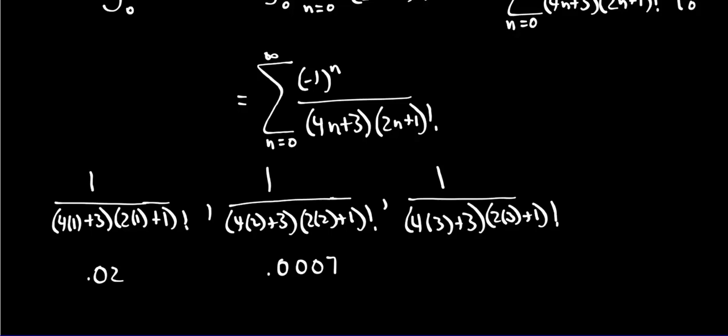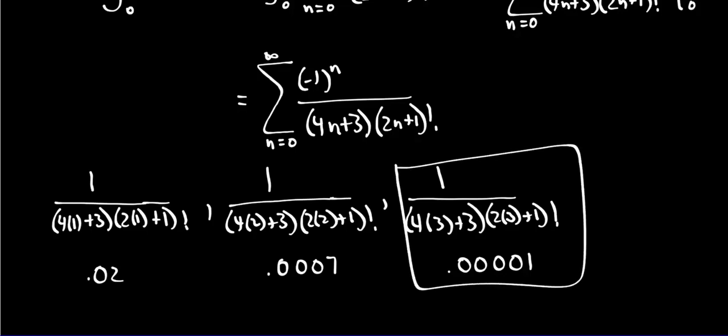If I put in a 3, I get 0.00001. That's it, when n equals 3.